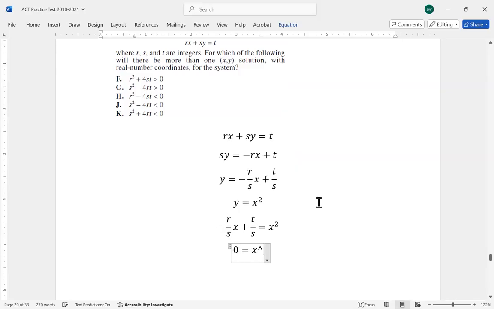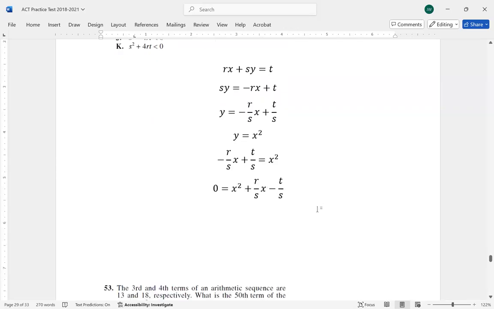So 0 is equal to x squared. Add r over s times x to both sides. Subtract t over s from both sides. That's what you end up getting. And then I'm going to multiply everything through by an s because I don't like that s in the denominator. So if I multiply the left-hand side by s, I get 0. The right-hand side, I get s times x squared plus rx minus t.